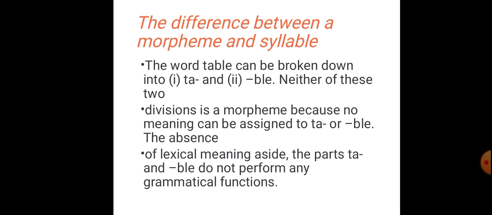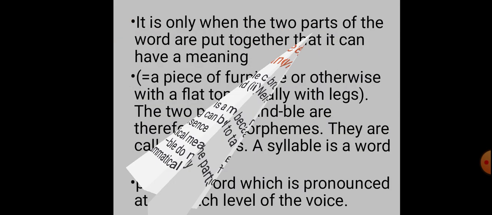The differences between a morpheme and a syllable. The word table can be broken down into one, ta-, and two, -ble. Neither of these two is a morpheme because no meaning can be assigned to ta- or -ble. The absence of lexical meaning aside, the parts ta- and -ble do not perform any grammatical function.